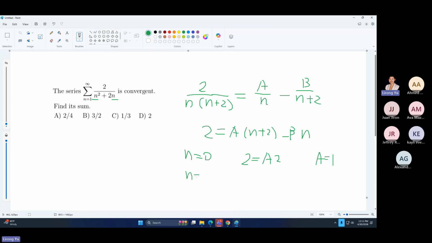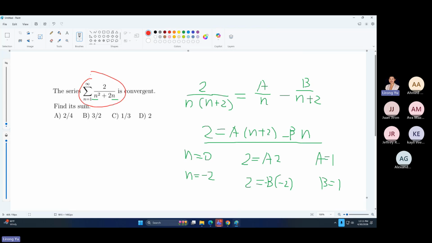Then when n equals -2, which shouldn't be allowed because n is a natural number, but for the sake of solving this equation, we have 2 equal to -b times -2. Is that right? That's right, so b equals 1. Are we okay? So a equals 1, b equals 1.